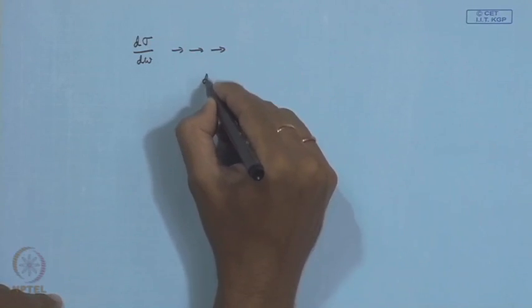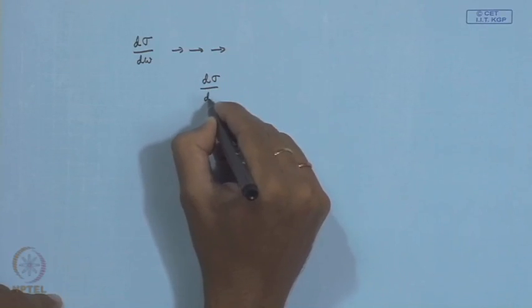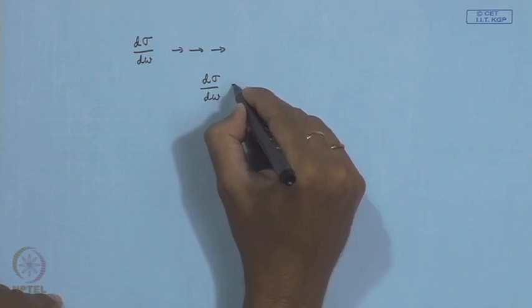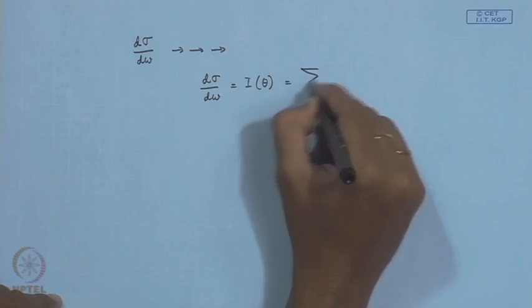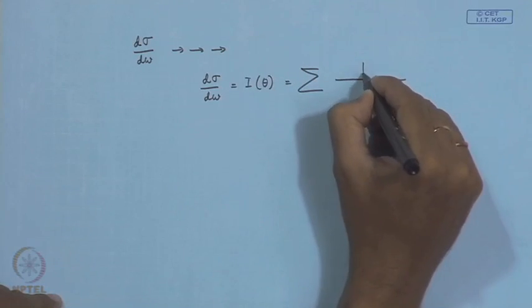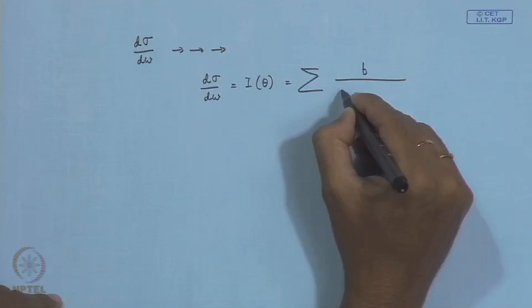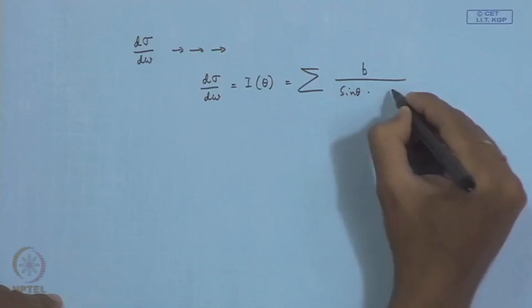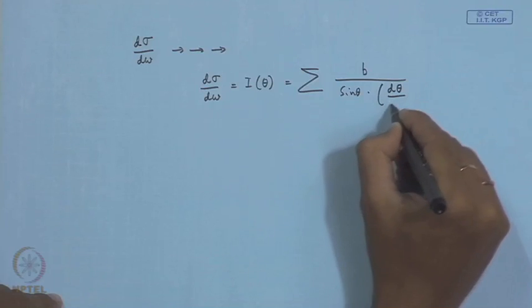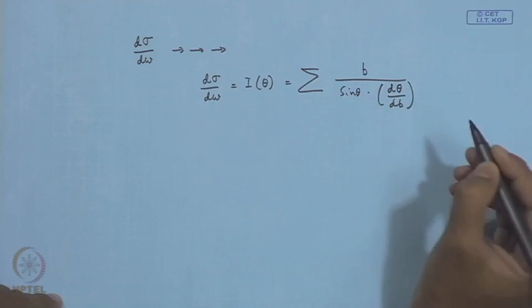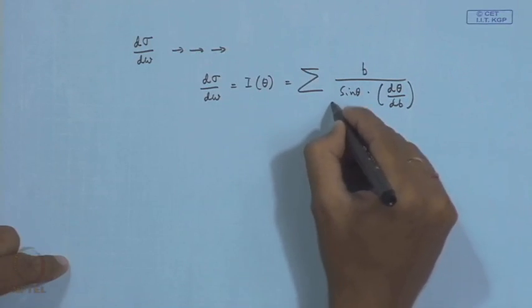the expression d sigma d omega, which is I(theta), which is the sum over b over sin theta into d theta dB, and we have got two situations.